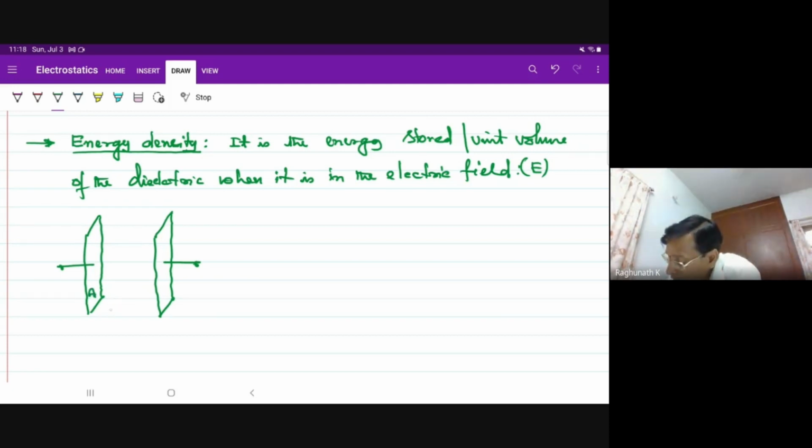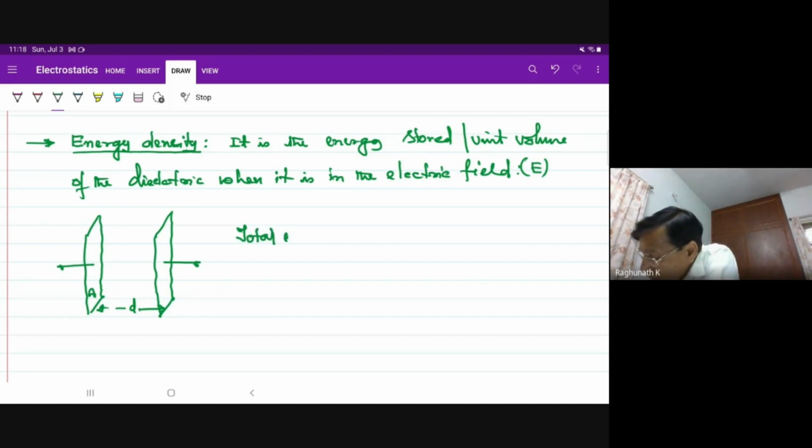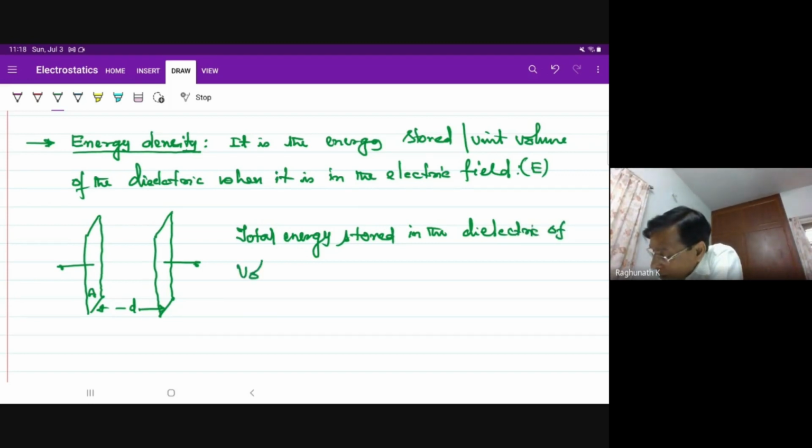This is plate area A, distance between them is D. Total energy stored, please look at it, in the dielectric of volume V, sorry, AD, A into D, correct? Total energy stored in the dielectric of volume AD is derived to be what?